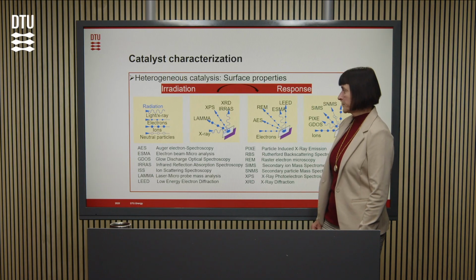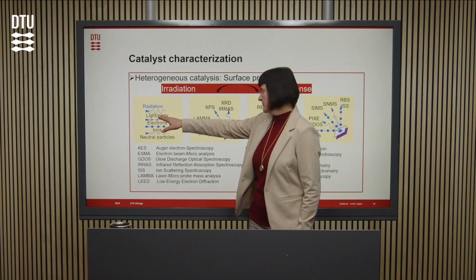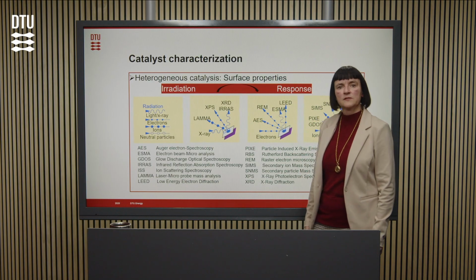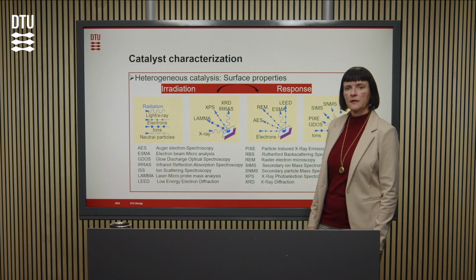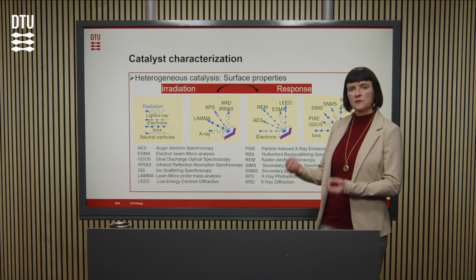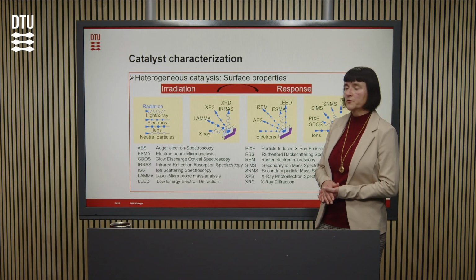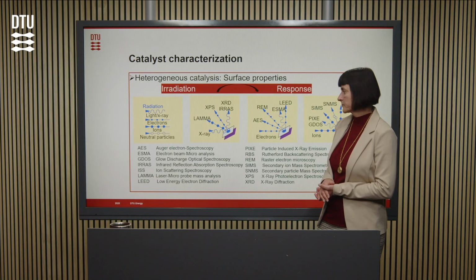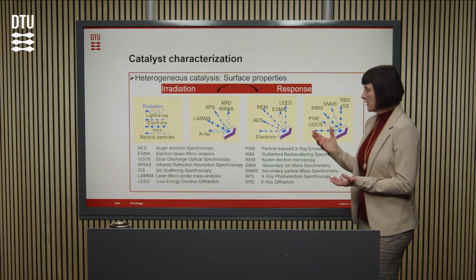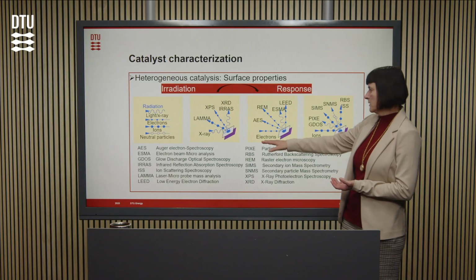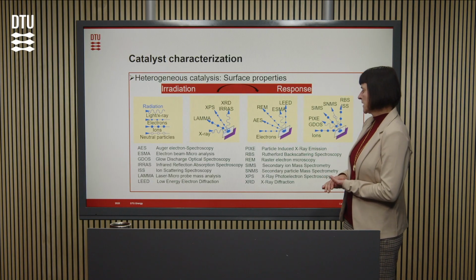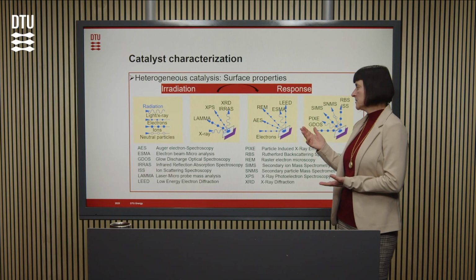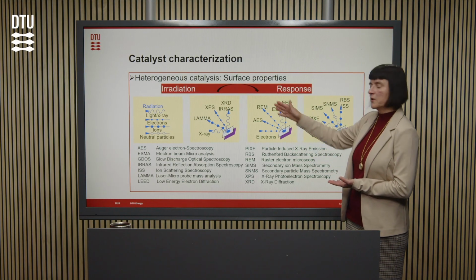If you irradiate with X-ray, that is this kind of symbol, and then you have a scattered signal, and that gives you an X-ray diffraction pattern, which gives you information about the crystal orientation or the crystallinity of your material. There are other examples, like here you are irradiating with electrons, and these electrons can interact with your material in different ways, depending on what type of response you are measuring.